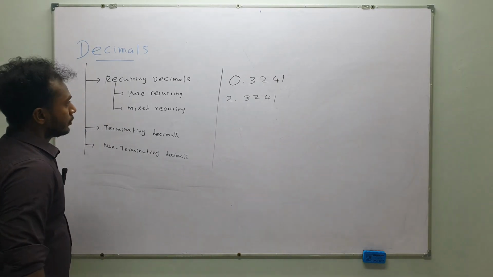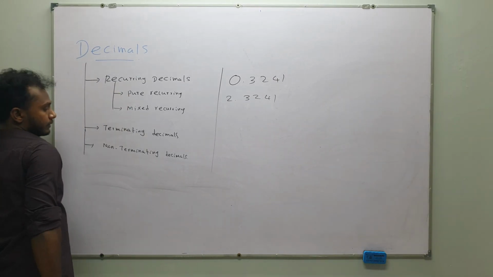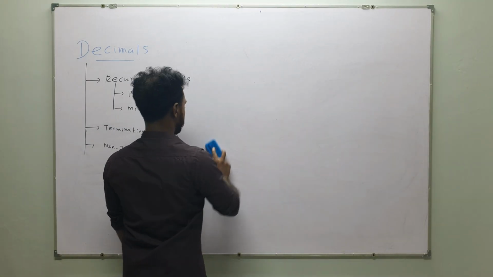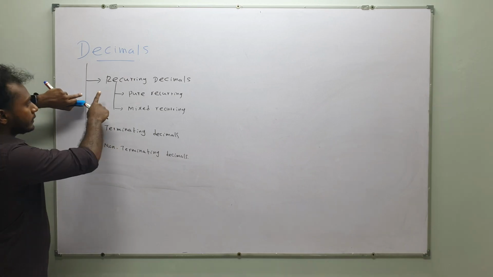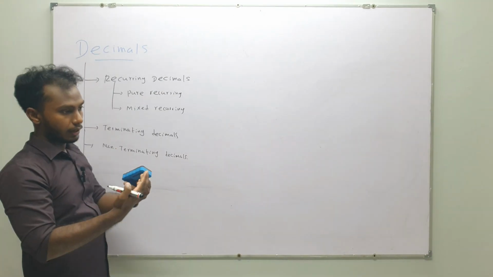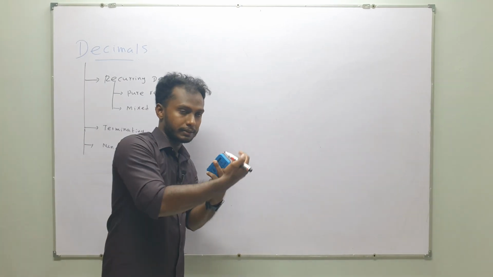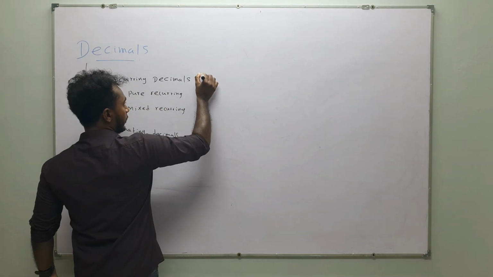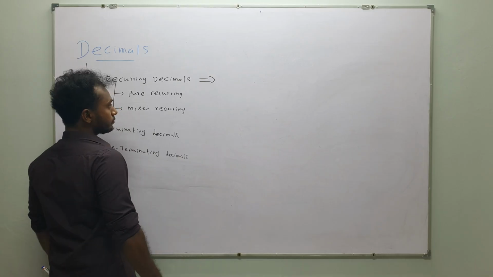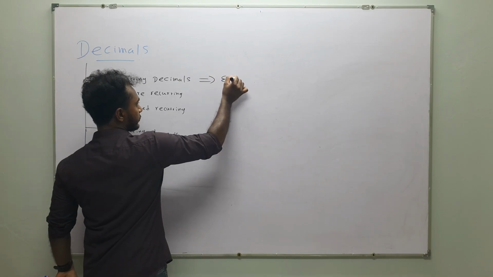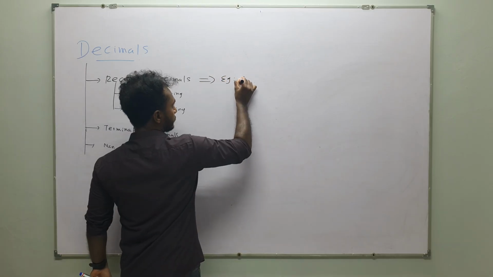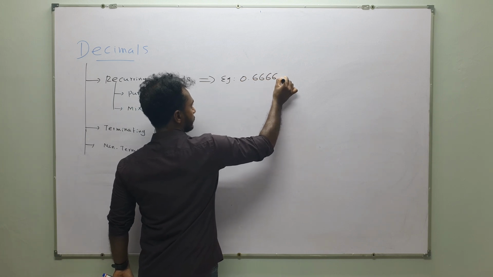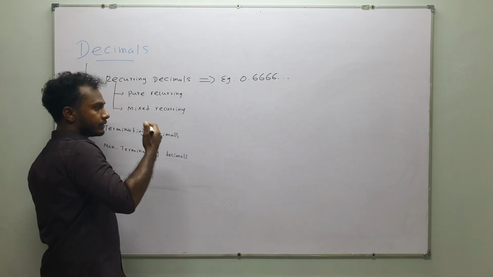All right, so let me take the recurring decimals as the first topic. The recurring decimals are the decimals where the digits recur. They are repeating after the decimal point. Examples: if I write 0.6666 and it goes on like this, this is a recurring decimal.